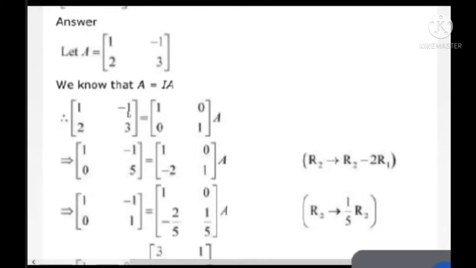Similarly, minus 1 multiplied by 2 gives minus 2, and here it is 3, so 3 plus 2 gives 5. Similarly on the right hand side, multiplying the first row by 2, 0 minus 2 gives minus 2. Next, 1 minus 0 gives 1. So the left hand side is done, and on the right hand side we apply this operation.